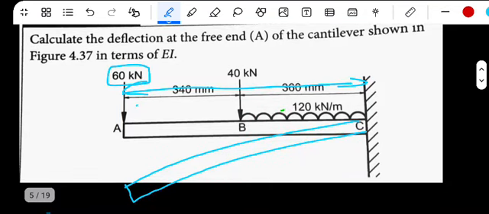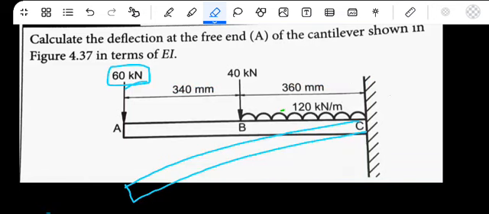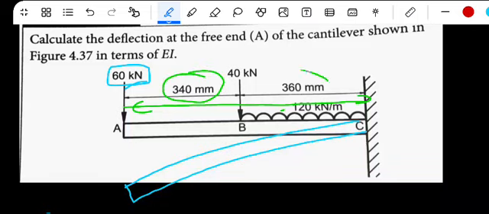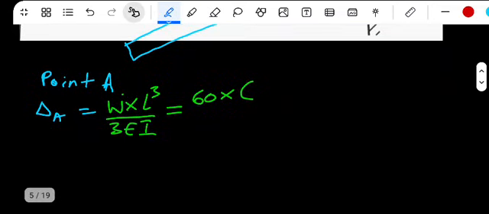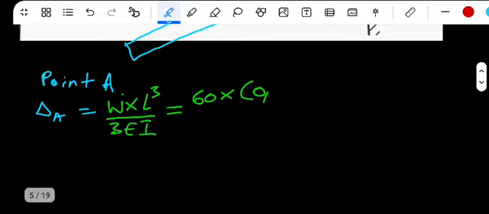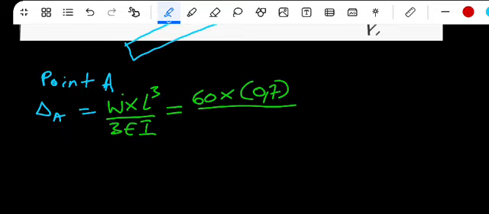It will deflect from here till there, so we have 340 plus 360, which will be 700. So we'll say 0.700, which is the same as 0.7, divided by 3.